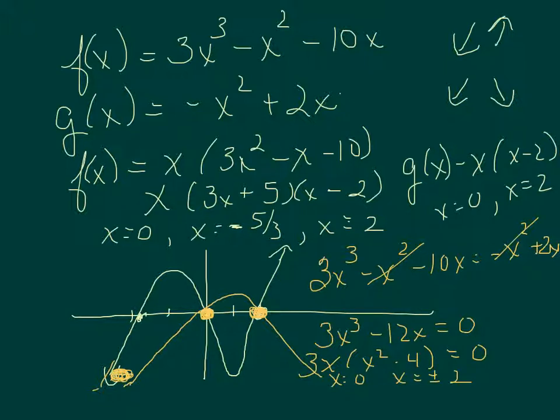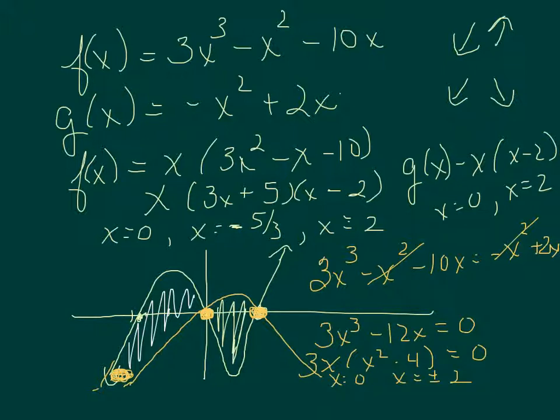Now, what happens when we go from negative 2 to 0? Which function's on top? F of x. But when we go from 0 to 2, which function's on top? G of x. So we have to do 2 separate integrals here. It's not even nice. Because we've got f of x on top here, but g of x on top here.